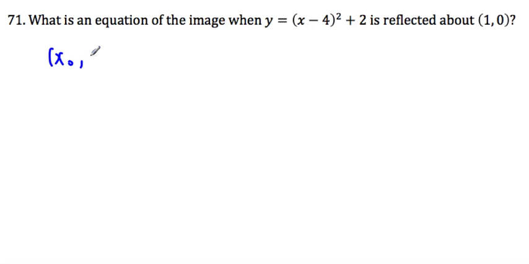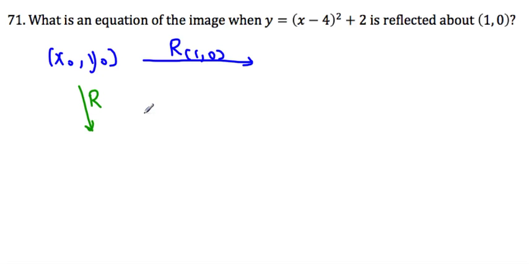(X naught, y naught) is going through the reflection about (1, 0), not (0, 0). In fact, I can do either one. In this case, that's equal to reflection about the, or let me just use the small r to represent the reflection, because I use the big R for rotation.